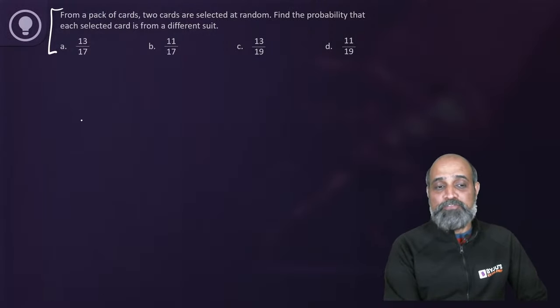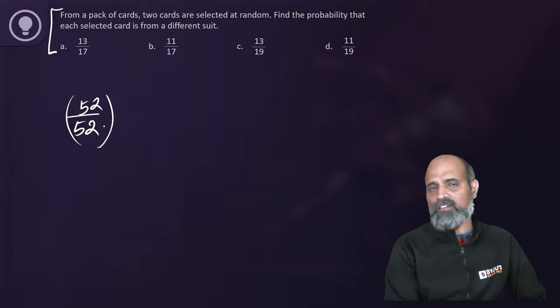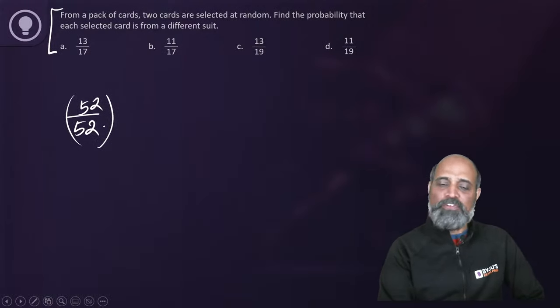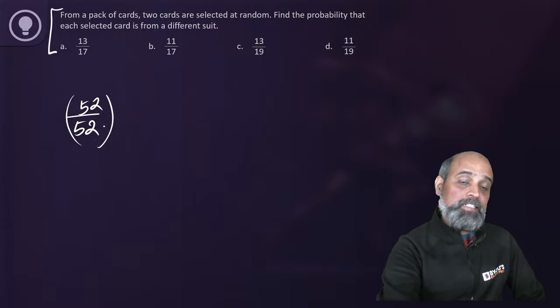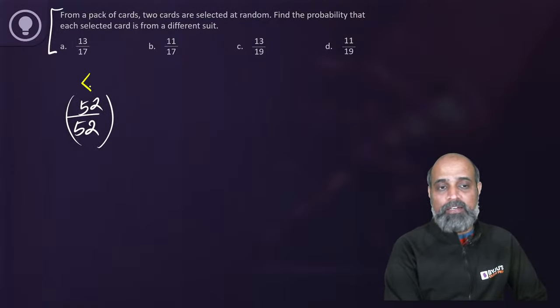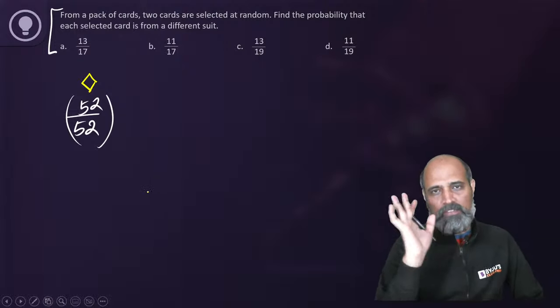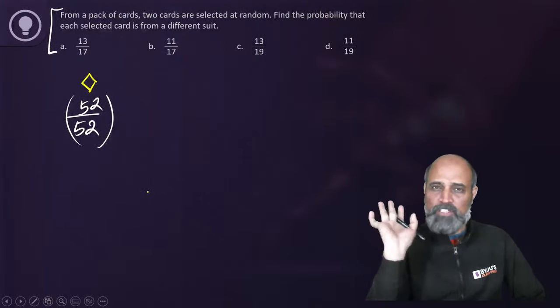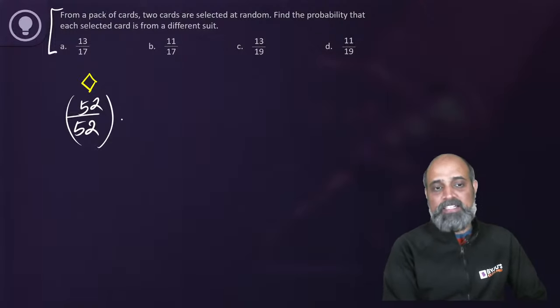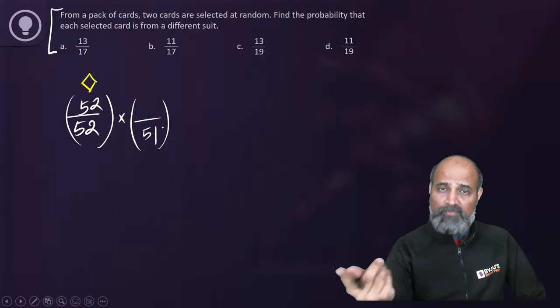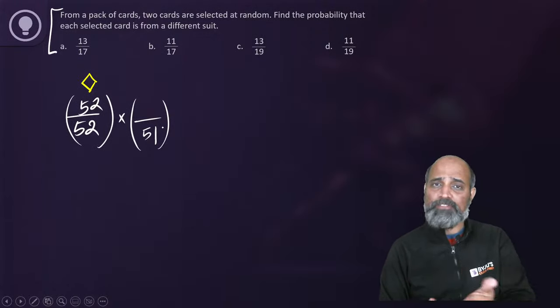So since we have 52 cards, we can pick any card, right? Suppose I happen to pick a card and this card turned out to be a diamond. It's going to be one of the cards. After this card is selected, I'm going to have 51 cards left over.